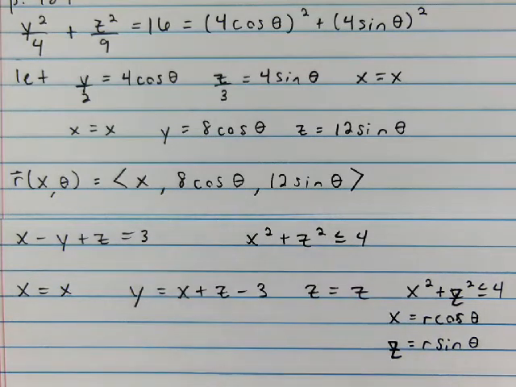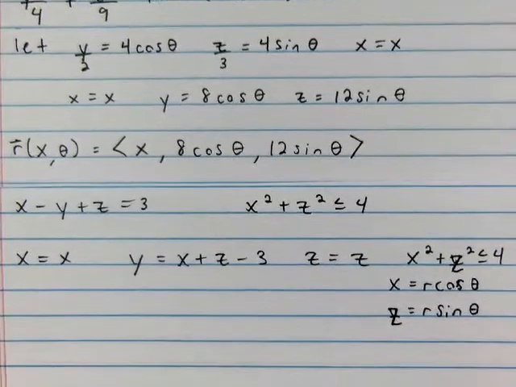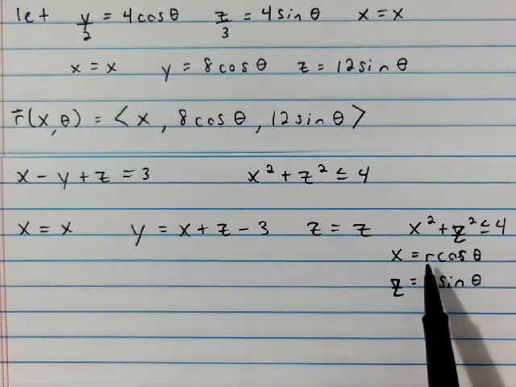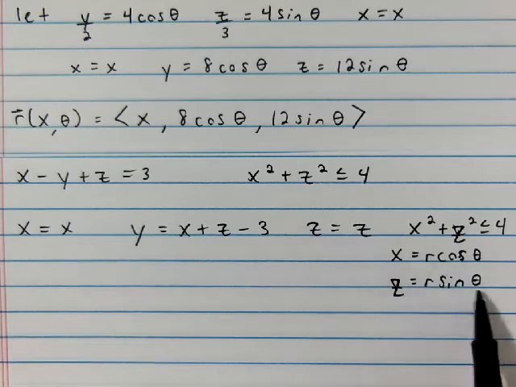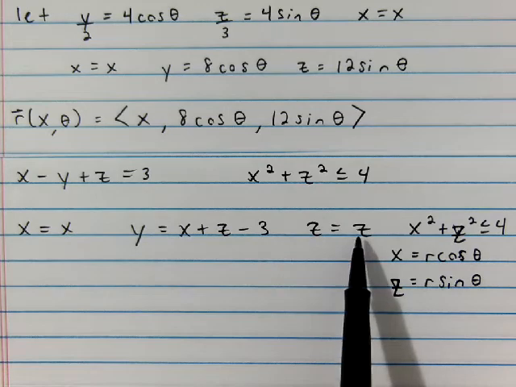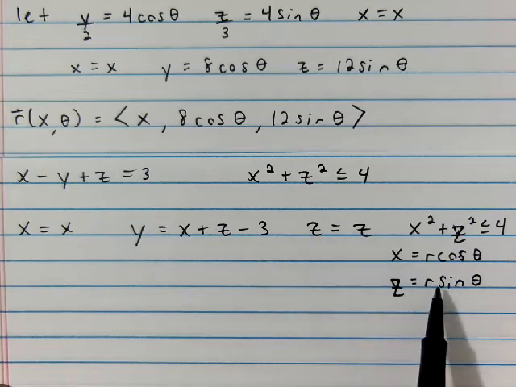So now down here, if we're going to let x be equal to r cosine theta and z be equal to r sine theta, we need to change everything here to be in terms of r and theta, and those are going to be our new parameters.